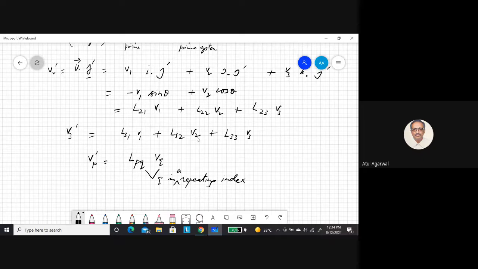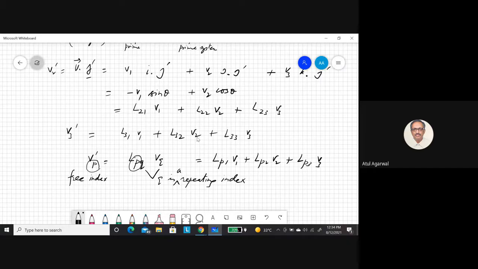So it means you have to write L_P1 V1 plus L_P2 V2 plus L_P3 V3. P is not repeating here anywhere. So this is called a free index, and it has its own identity.